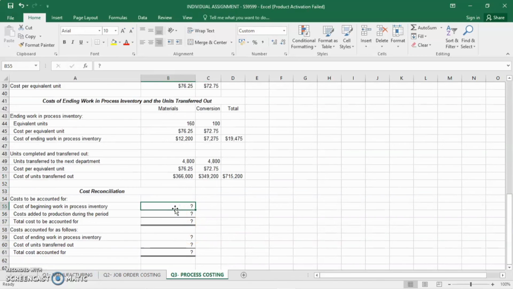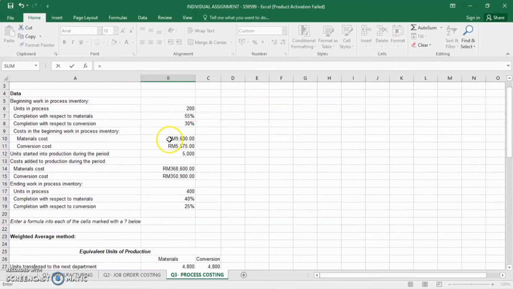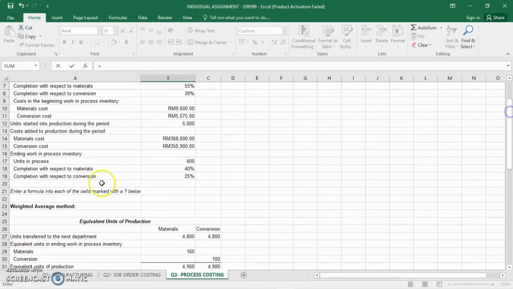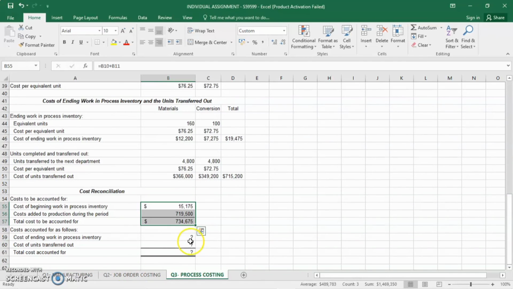And last, cost reconciliation. Cost of beginning work in process plus material cost plus conversion cost, and cost added during period plus material cost plus conversion cost, and the total cost: beginning work in process plus cost added.